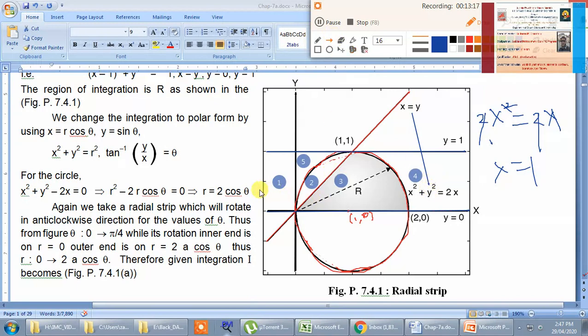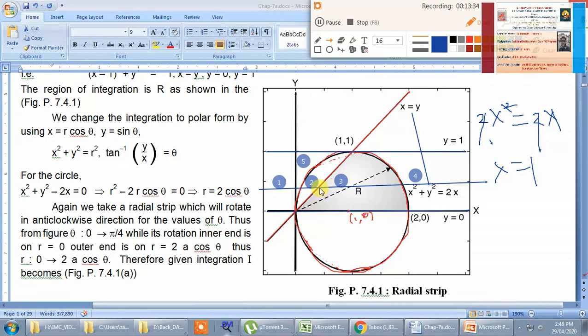So for that, let me have once again a strip parallel to the x-axis. This strip moves from bottom to top, starting with y equal to 0, ending with y equal to 1. While it moves, where is the left end?